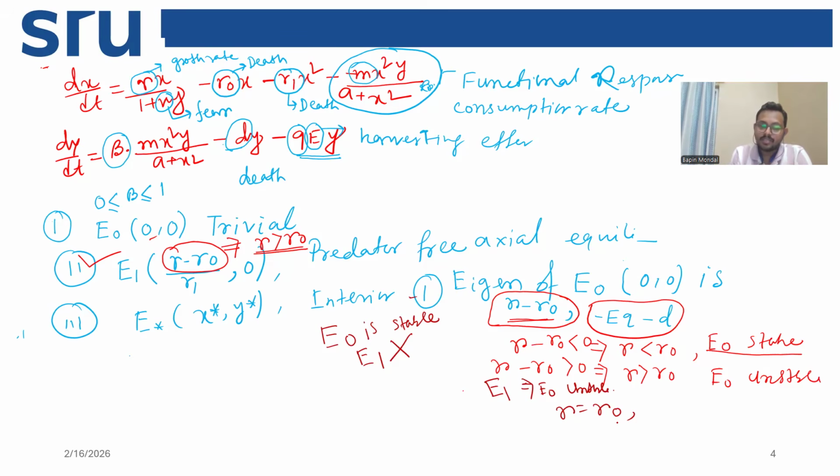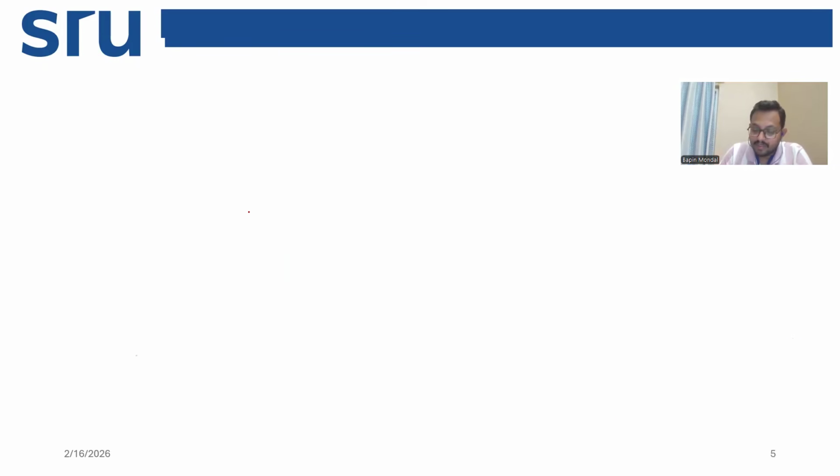If we plot this in a graphical way, this is our parameter R, and we consider this point to be R0.